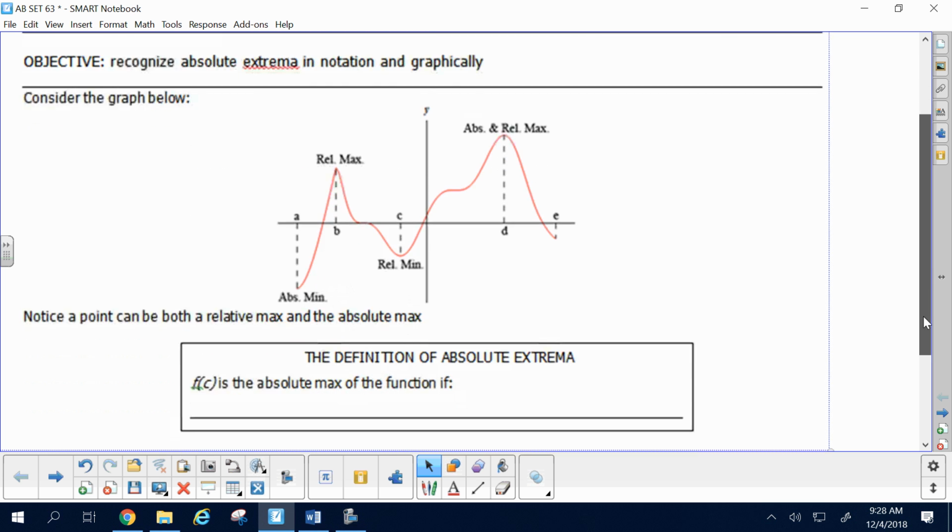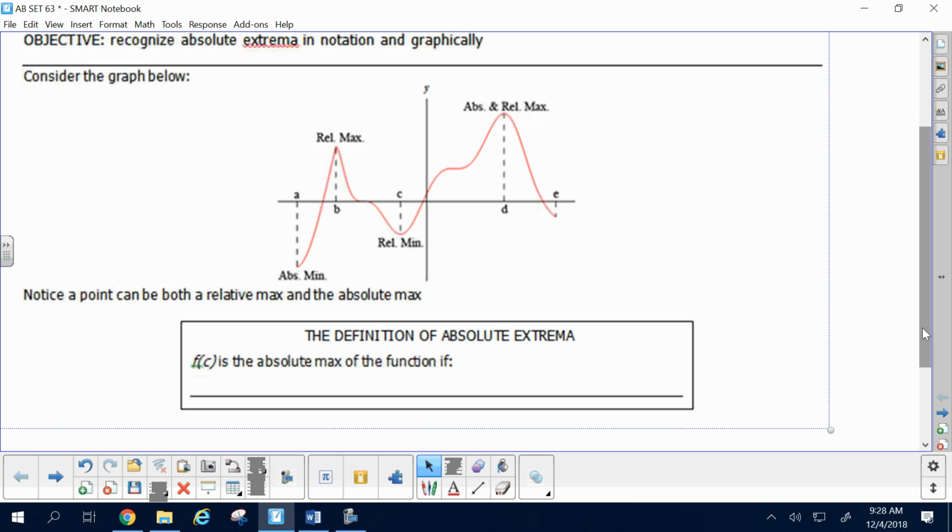A picture is worth 1,000 words. So look at this graph here. Now, you've got a lot of interesting points here. That point at A is the absolute minimum because there is no y value lower than that ever. This is a relative max.